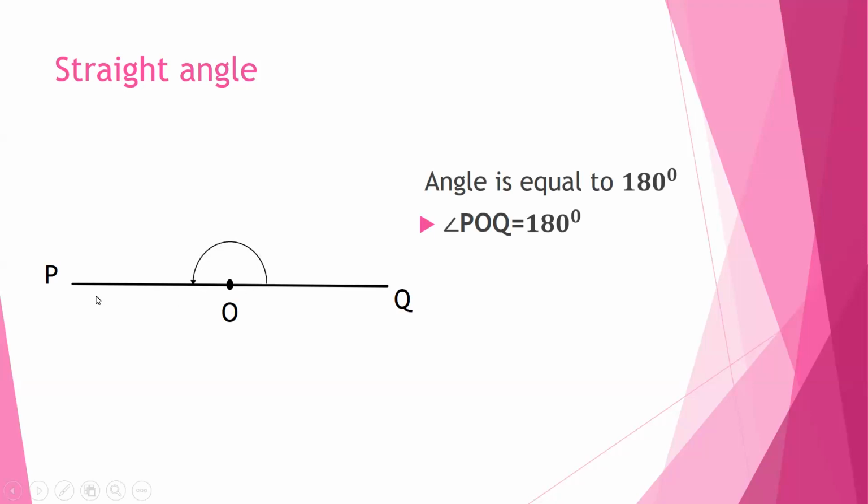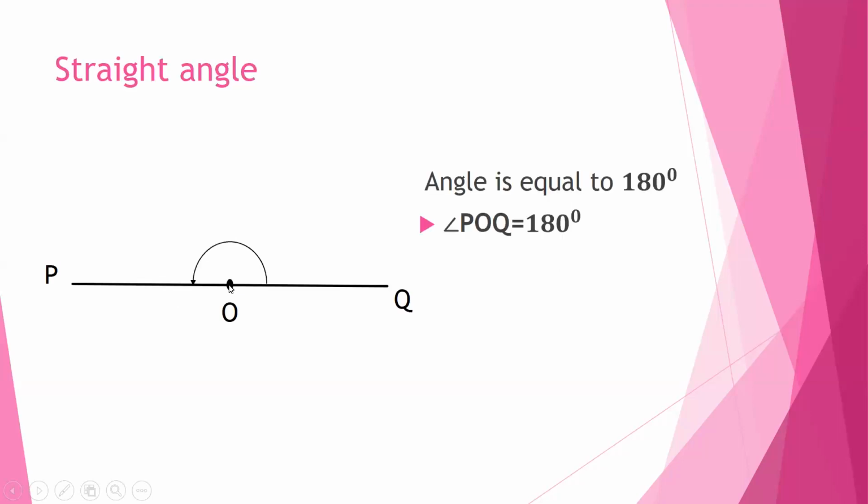Though it's a straight line, we can equally say that from here to here is a line. From here to here is a line. So they are joined at this point. So at this point that they are joined, they are forming an angle here, which is 180 degrees.